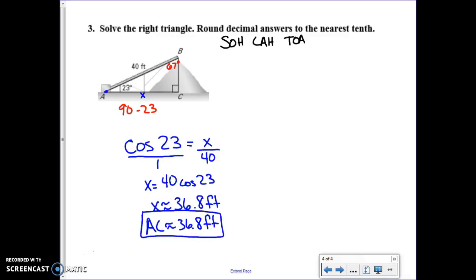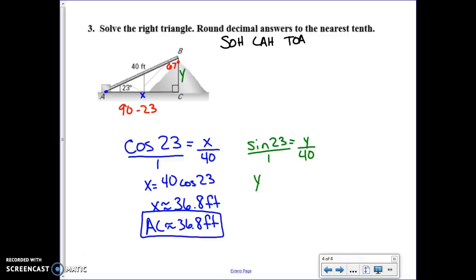Then if we do BC, I'm going to call it Y. I have opposite is Y, and then I have hypotenuse is 40. Opposite and hypotenuse is sine. So I have the sine of 23 is equal to Y over 40. I'm going to put it over 1 again and cross multiply.